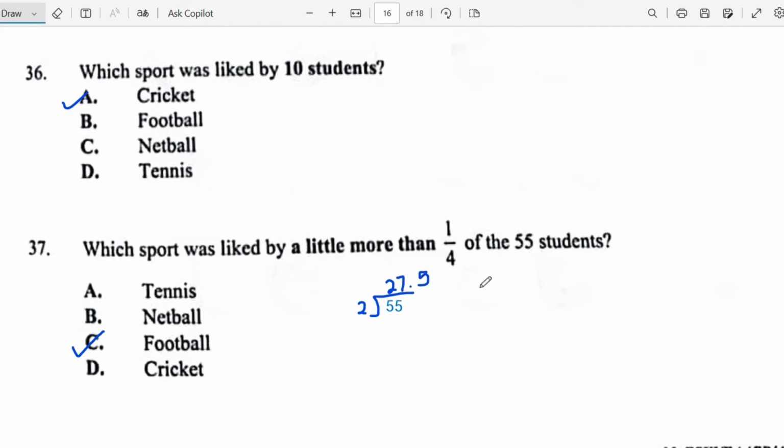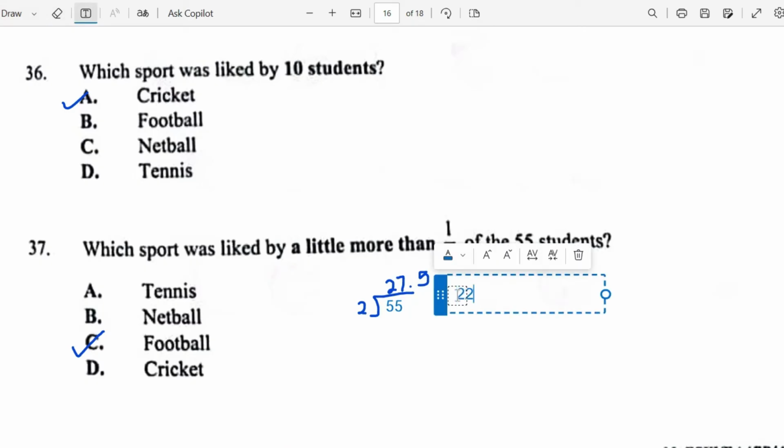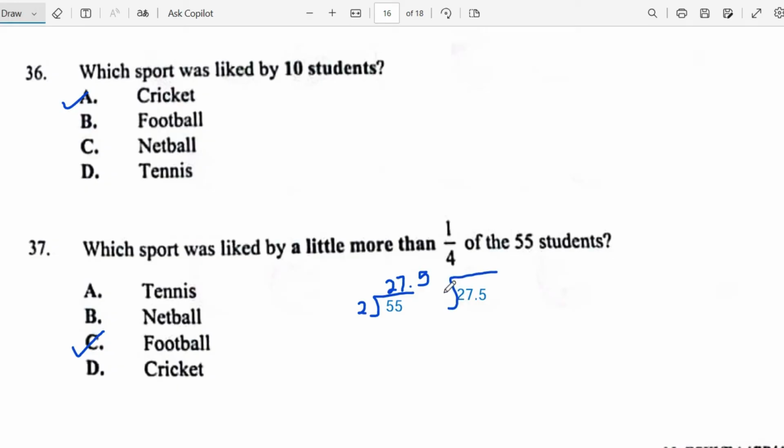And then we now have to further divide 27.5 by 2. 27.5 divided by 2 is 13.75.